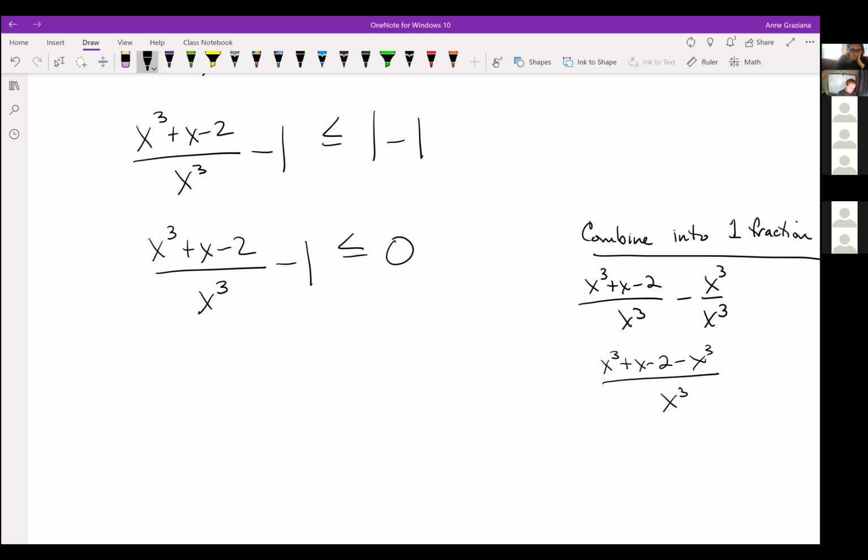Now something really nice happens for us. These cancel out. Yay. So this is going to be x minus 2 over x to the third less than or equal to 0. And you can see that that fraction is nicer to deal with, right?